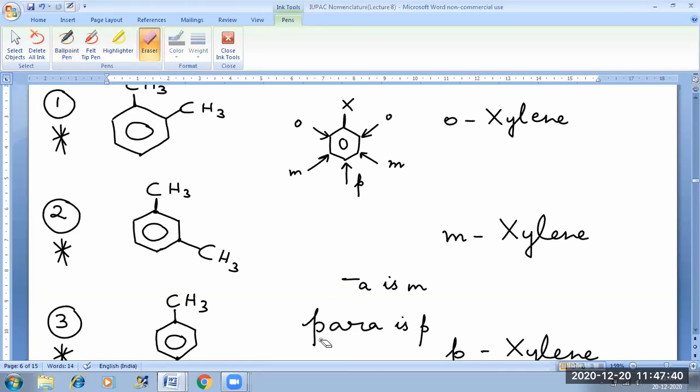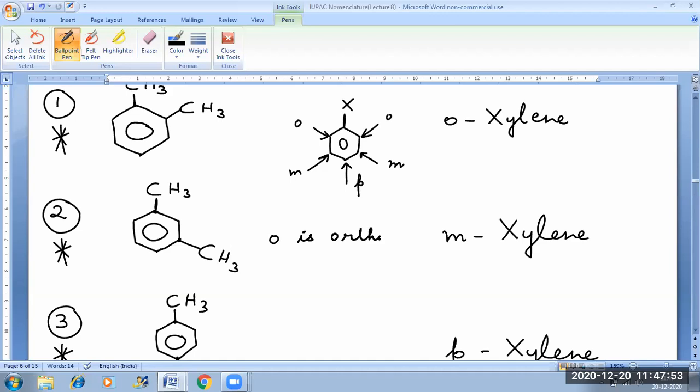Ortho, meta, and para. Now let's understand the meaning of each of these. So small o is ortho, small m is meta, and small p is para.